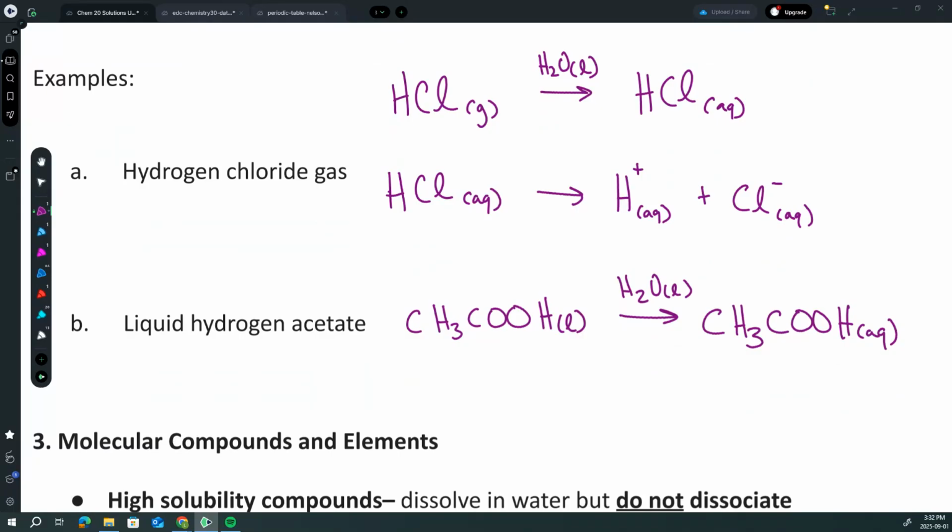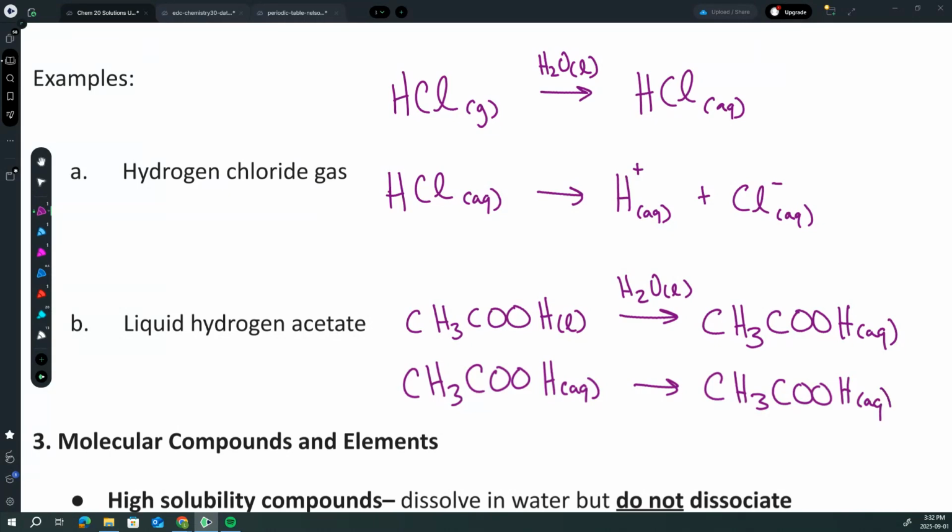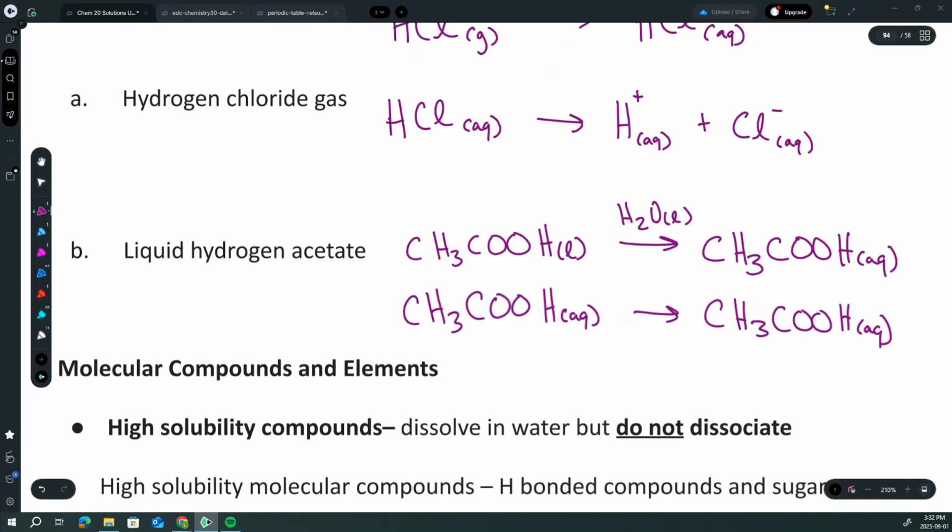So you could leave it as this, or if you really wanted to show that it doesn't ionize, you could write this just as an extra step. But the second equation isn't needed because nothing's changing in there.